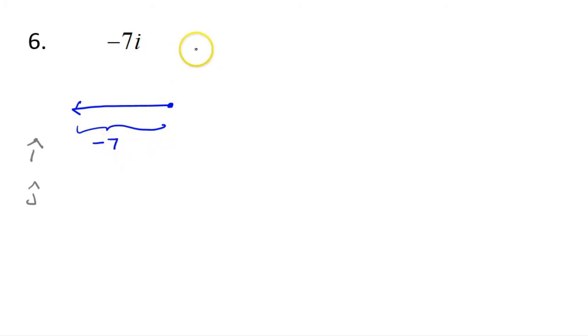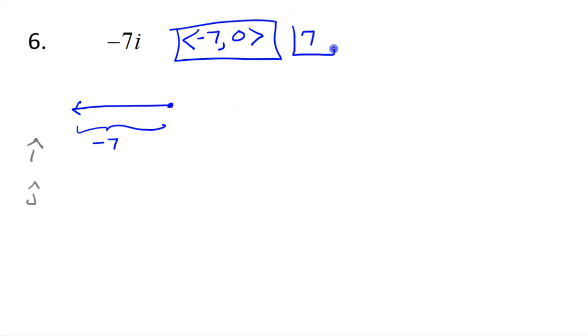So the component form is going to be -7, because that's the horizontal component, it's going to the left 7, and comma 0. The vertical component is 0 because it's not going up at all. The magnitude will just be 7. The magnitude is just the length of the vector, and the length is always positive, so the magnitude is just 7.